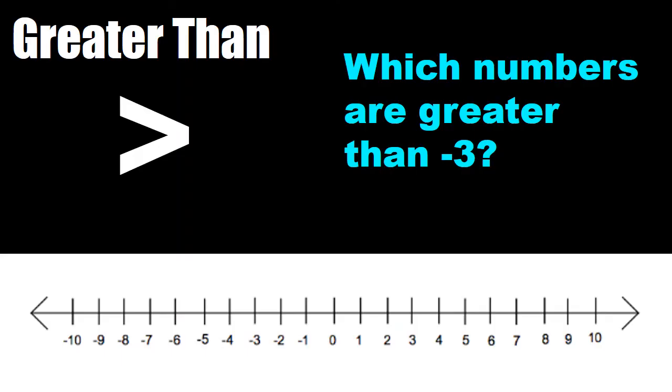So let's take a look at what it looks like in math. Here we're given a greater than symbol, which you might be familiar with from elementary school. The question is which numbers, so we're looking for more than one number here, are greater than -3. If we say what numbers are bigger than -3, we're going to realize that it's all of these numbers here that are bigger than -3.